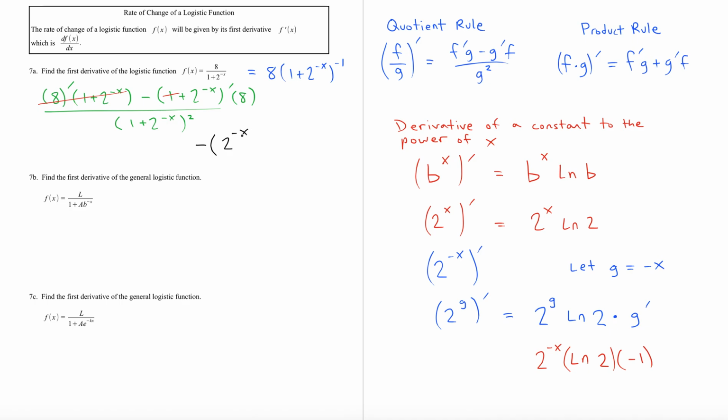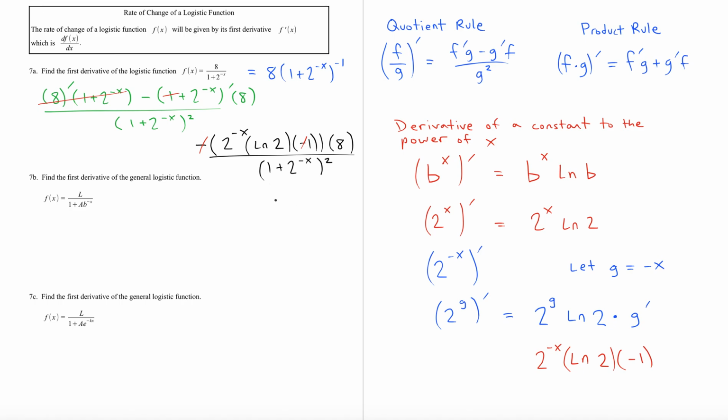Two to the negative x times ln 2 times negative 1 and times 8 over 1 plus 2 to the negative x squared. So our negatives here will cancel.